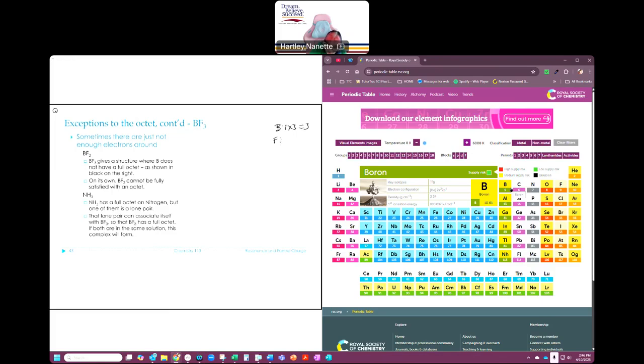And then fluorine, there are 3 of those, and there are 7 valence electrons because it's a halogen. So there's 21 from there. That gives us a total of 24 electrons that we need to draw. I'm going to put boron here and the fluorines around it. 1, 2, 3, 4, 5, 6 electrons in the 3 bonds that makes. So that leaves me with 18.